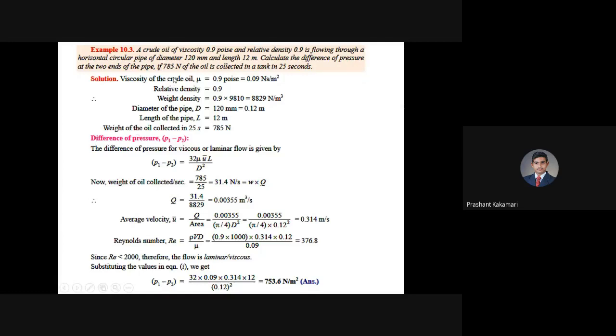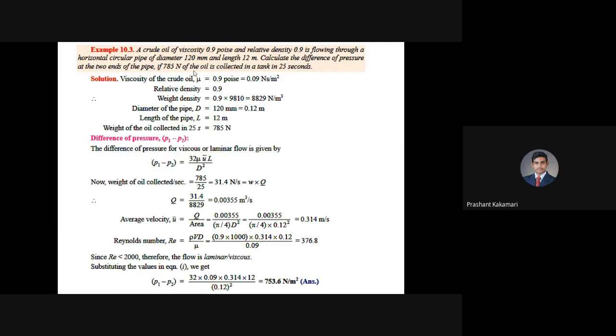Okay, weight they're telling, they're not telling the rate of flow. If the 785 Newtons weight of the oil is collected in a tank in 25 seconds.